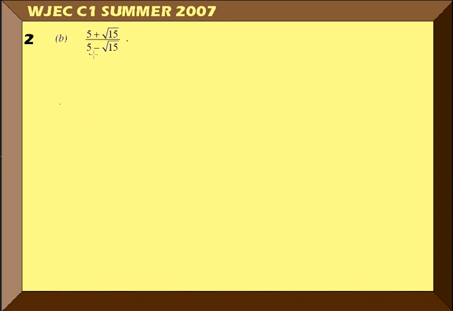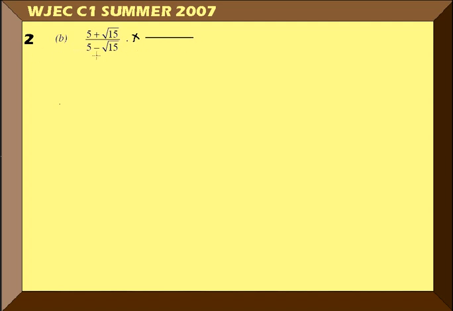Part B of the question is a very common question type where we need to rationalise the denominator which has a surd. We do this in a traditional manner by multiplying the top and the bottom of the fraction by what we call the conjugate of the fraction.